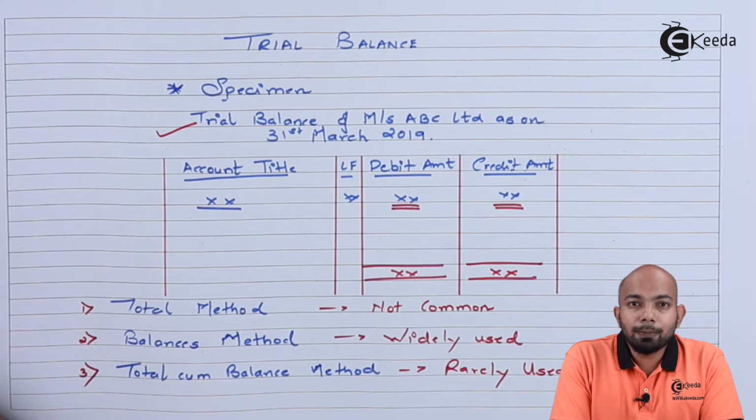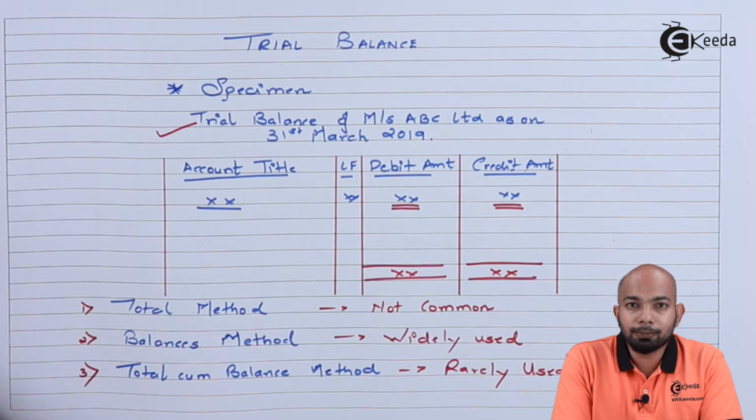As compared to the totals method, where both the debit and credit totals are mentioned, under this method only the balance which is pending in the ledger account will be mentioned, either on the debit side or on the credit side of the trial balance, depending on the nature of the account title. So if we have an asset, the debit balance will always be mentioned in the trial balance. If we have a liability, the credit balance of that specific liability will be mentioned on the credit side of the trial balance statement.